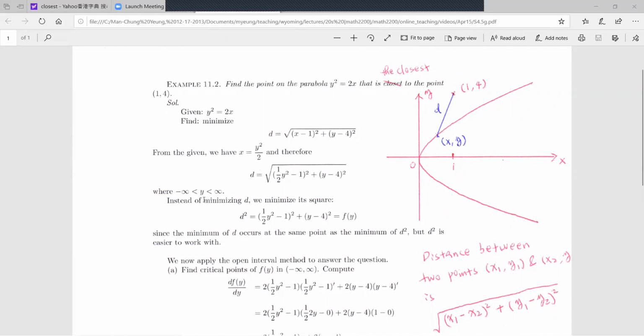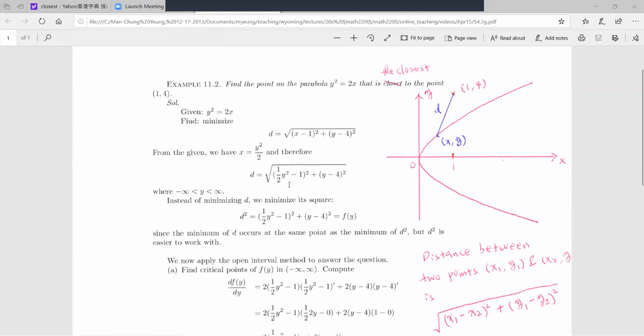Now the question is how to choose y so that d is the smallest. Because this interval is an open interval, we apply the open interval method to solve this problem.